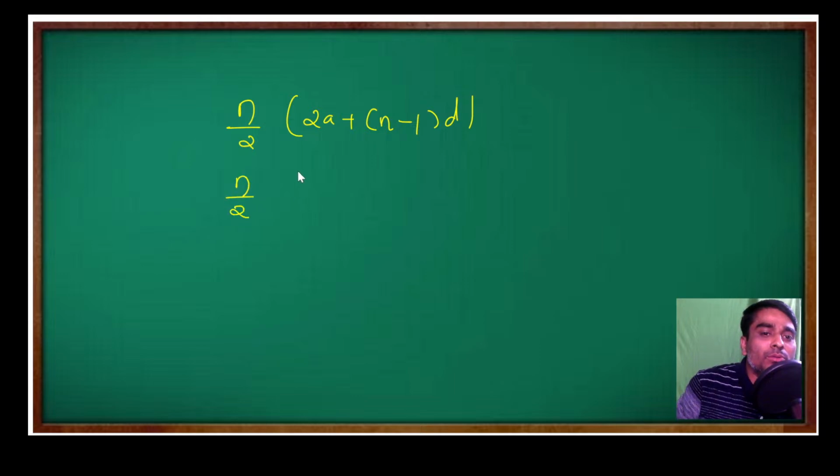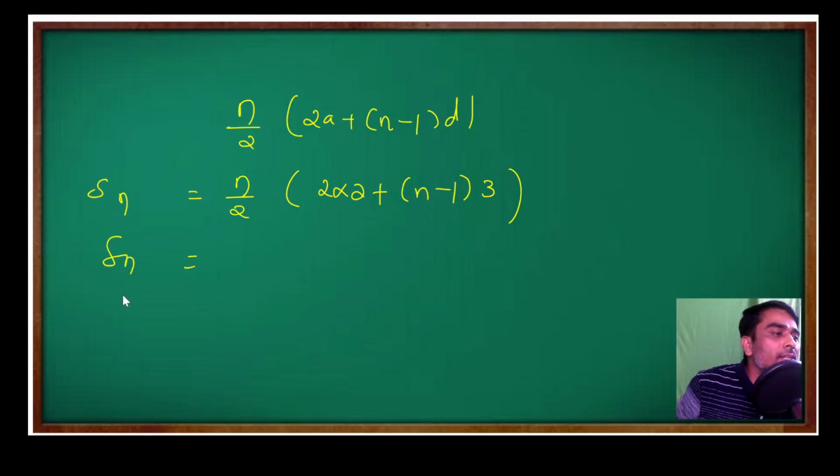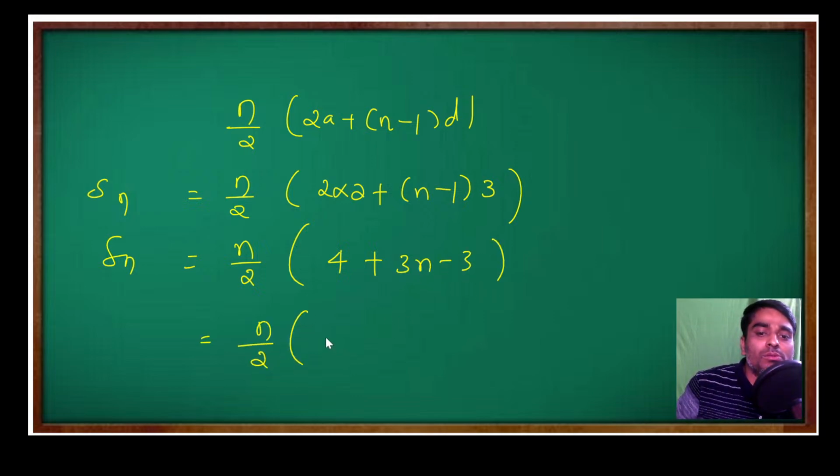So n by 2, a is 2, into 2 plus n minus 1 into 3. Sn is n by 2, 4 plus 3n minus 3, which is n by 2 into 3n plus 1.